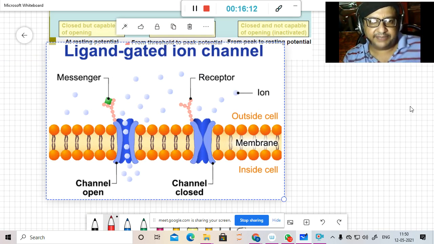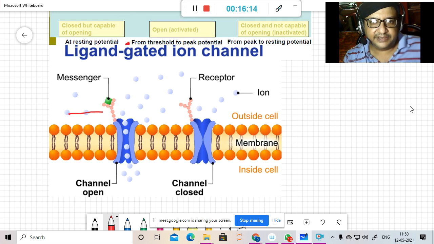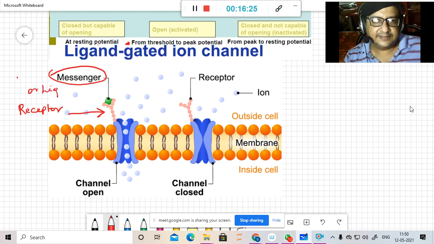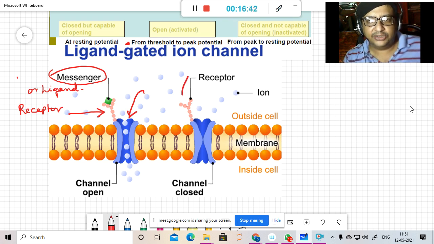It has a receptor, and this is the messenger or ligand. It binds. Binding causes the channel to open, and this allows ions to pass through. When the ligand leaves the receptor, the channel closes, and the ions are prevented from entry.